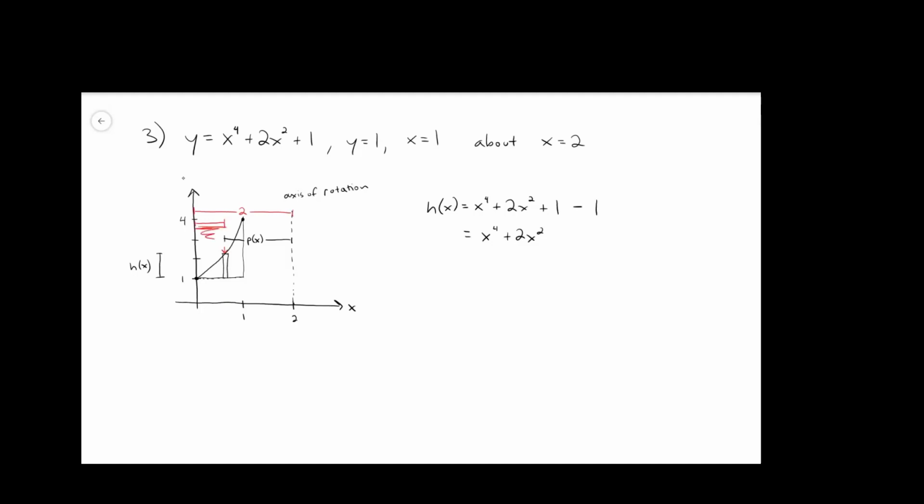What is that much? That's just x, because remember that the distance from the y-axis to the rectangle itself is x. So we need this distance, and that has to be then 2 minus x. So that's telling us then that p of x is equal to 2 minus x.